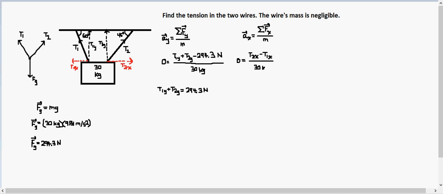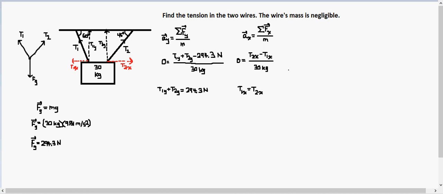Multiply this, and you should get T2x minus T1x equals 0. Add T1x to both sides, and you get T1x equals T2x.